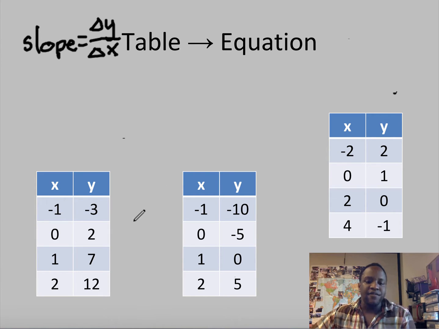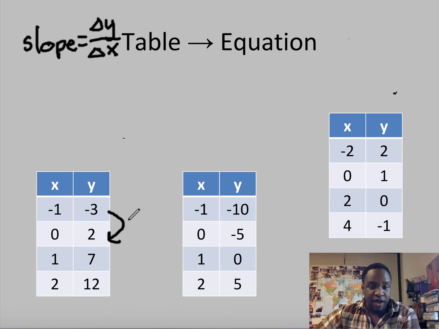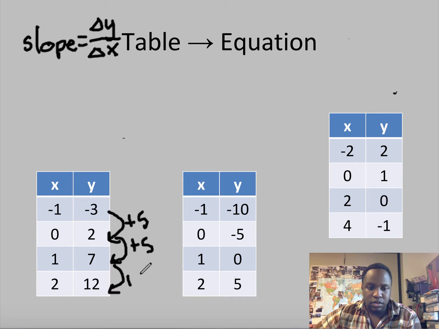So let's see if we can find a common theme here. So negative 3 to 2 is positive 5, right? 2 to 7, positive 5. 7 to 12, we add 5. So that was our change in y.